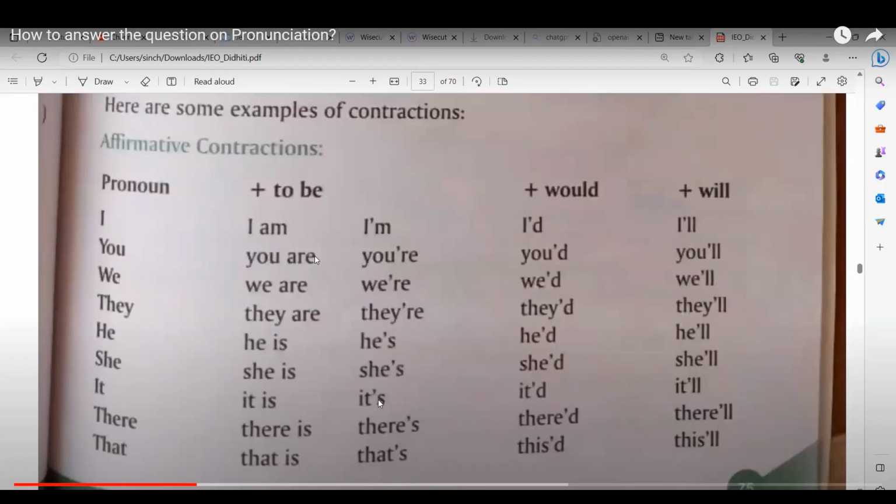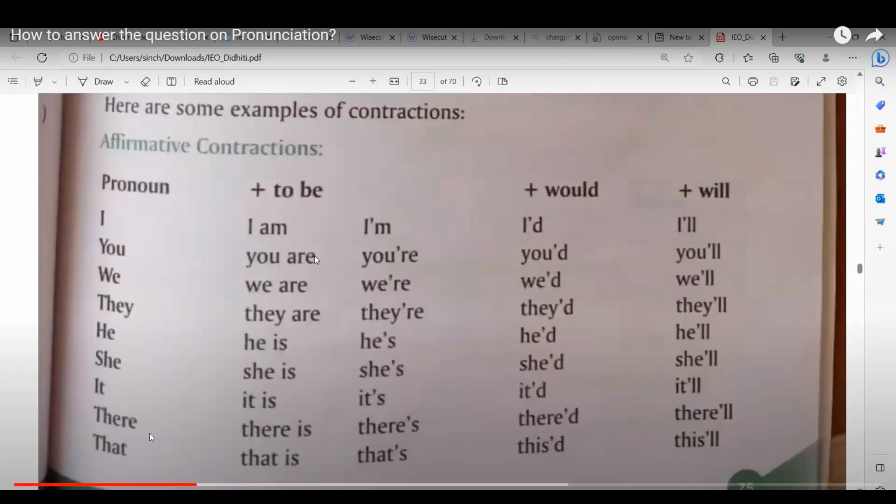We are writing I through apostrophe. Here we are writing WOUL through apostrophe. And here we are writing WI through apostrophe. Is it clear to everyone? Shruti, Tuhin and Debangshu, is it clear to you all? Yes, ma'am.